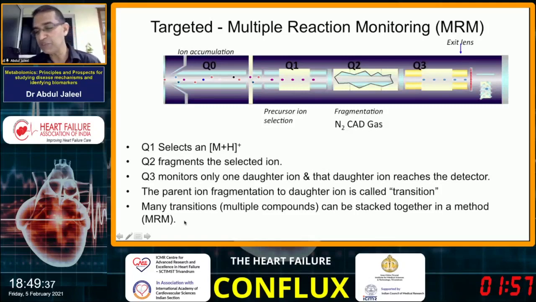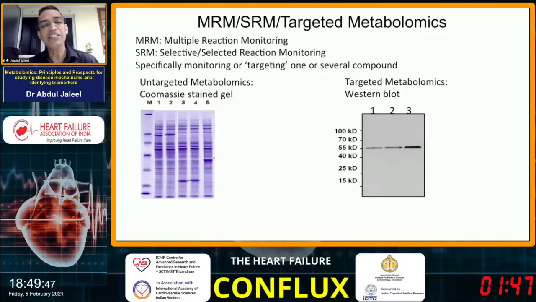These two, untargeted and targeted, are completely different, and both complement each other for biomarker discovery. So this is a simple analogy for that. An untargeted approach is like an SDS-PAGE where you see all the protein bands, but in a targeted approach you can pick up only one specific protein which you want; you know what you want.